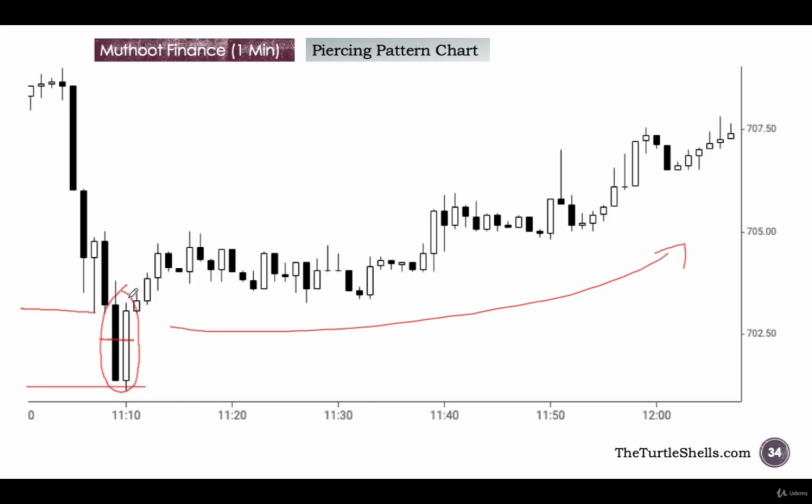If this candle would have closed above the opening of the previous black candle, then it would become a bullish engulfing pattern. Okay, so in this case, the trade has worked out. In fact, the price remained above the closing of the piercing pattern.